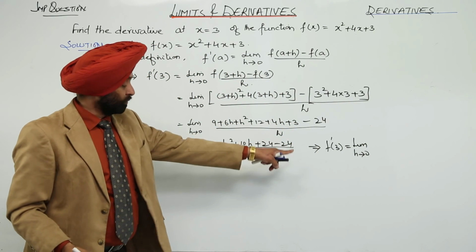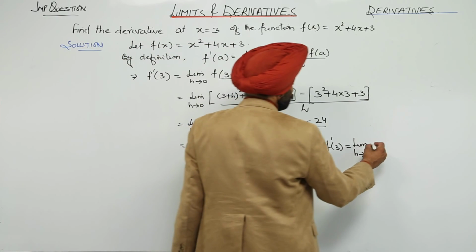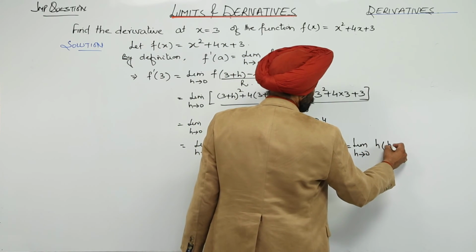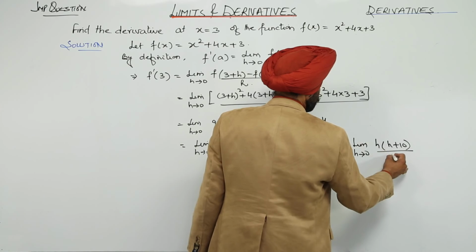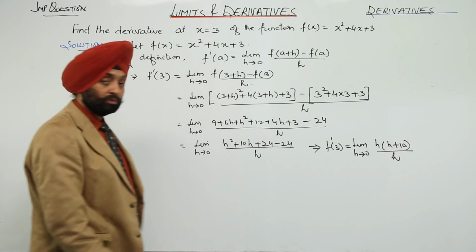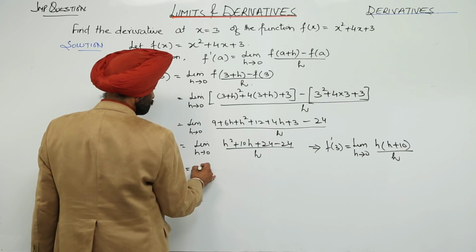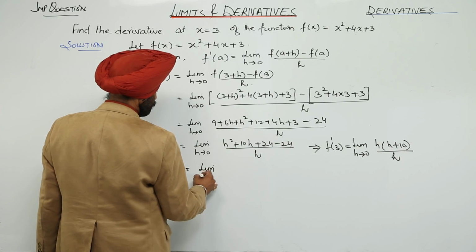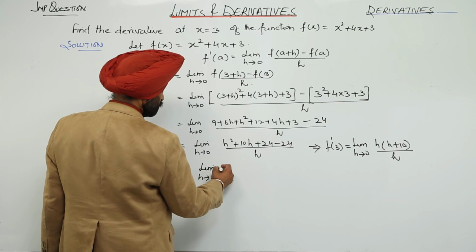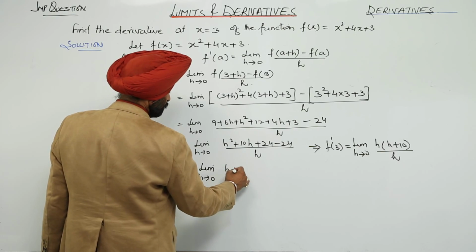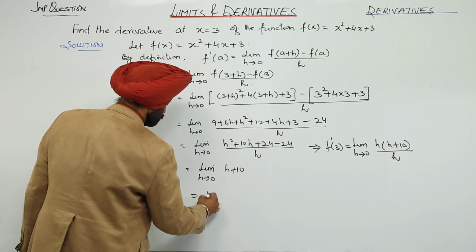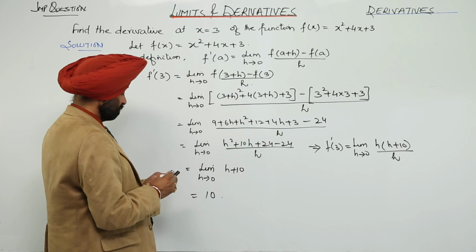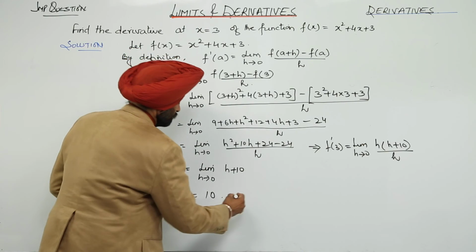Now, 24 and 24 cancel, we are left with h plus 10 upon h. Okay. So, this becomes limit h approaches to 0 of h plus 10, which is equal to 10. Okay. So, this is the answer.